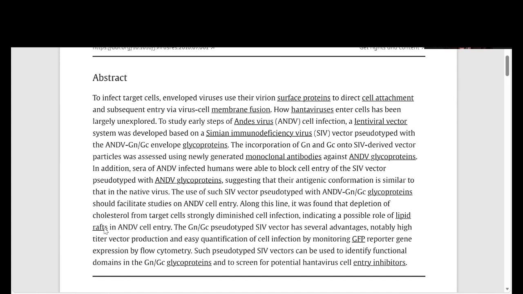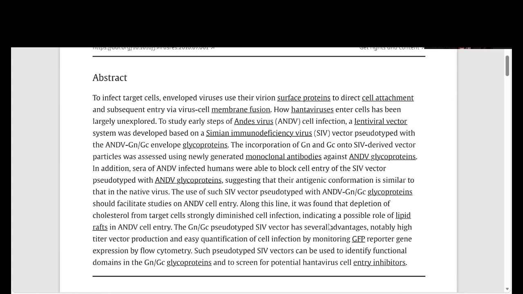And it also seems to need a helper, and that helper seems to be a beta 3 integrin. Now, the lipid raft may be helping add and consolidate the protocadherin 1s and the beta 3 integrins together.